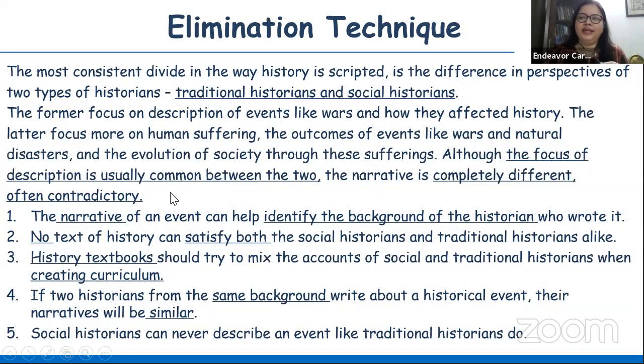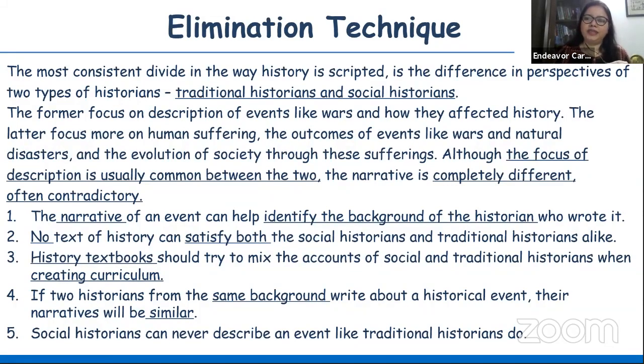The paragraph only tells me that when two different types of historians describe an event, their narrative is completely different. That does not mean that I can use a narrative and identify the background of the historian who wrote it. They're two different things.